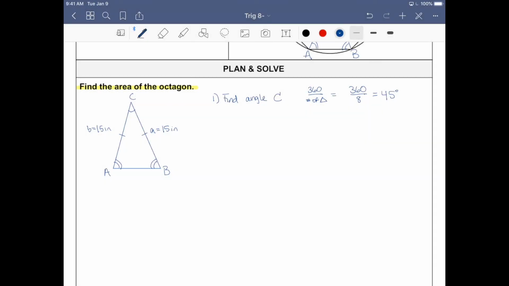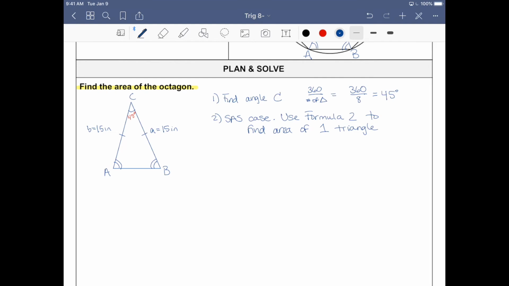So now that I know that this is 45 degrees, I'm going to draw that in here just to remind me that I know that. So this means I have the SAS case. Since I'm trying to find the area of the octagon, I want to use Formula 2 from the first page to find the area of one triangle.